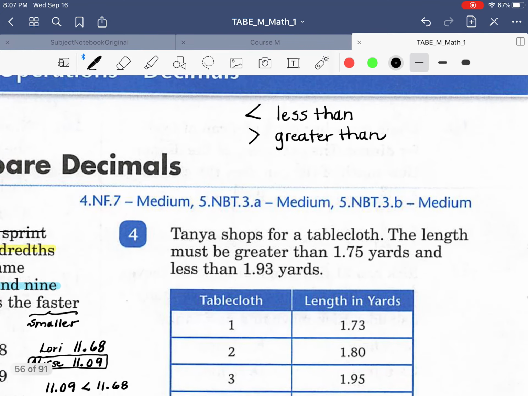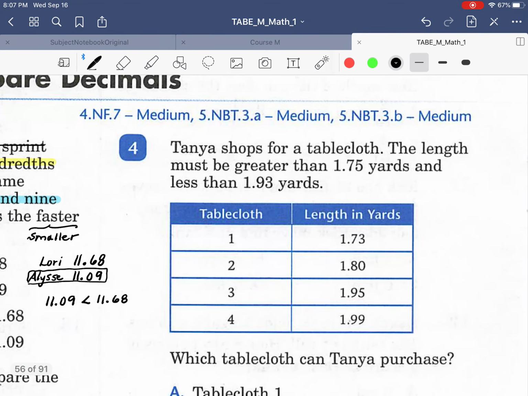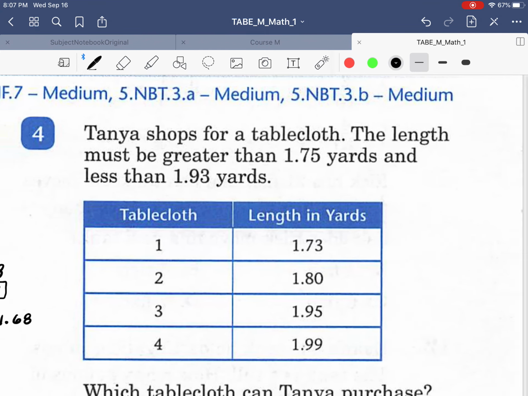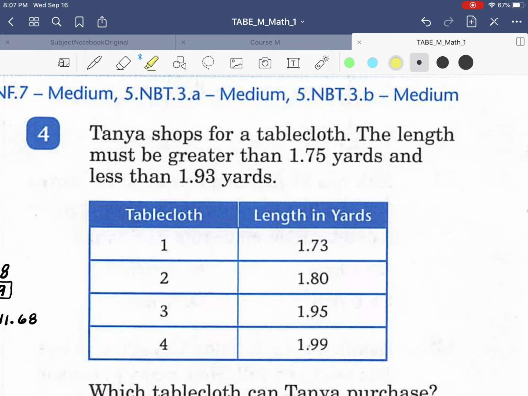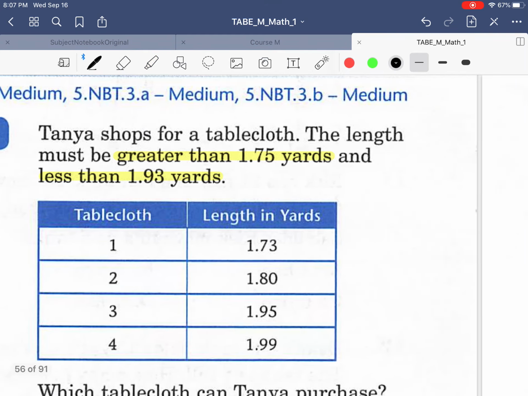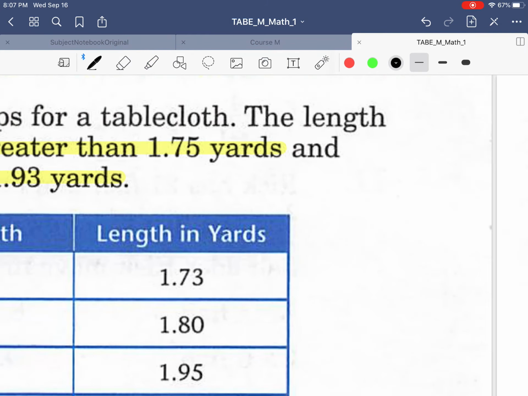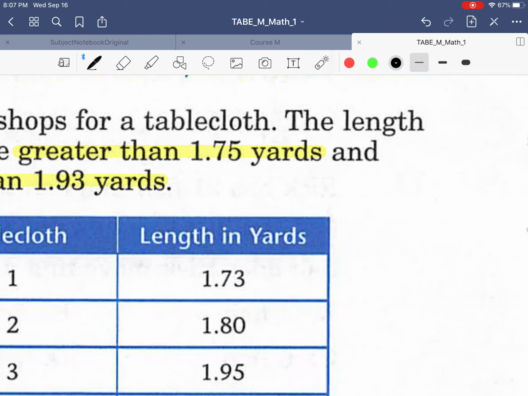Number 4. Tanya shops for a tablecloth. The length must be greater than 1.75 yards and less than 1.93 yards. Let me set this up for you as an inequality. What they're saying is that the minimum is 1.75 and the maximum is 1.93.